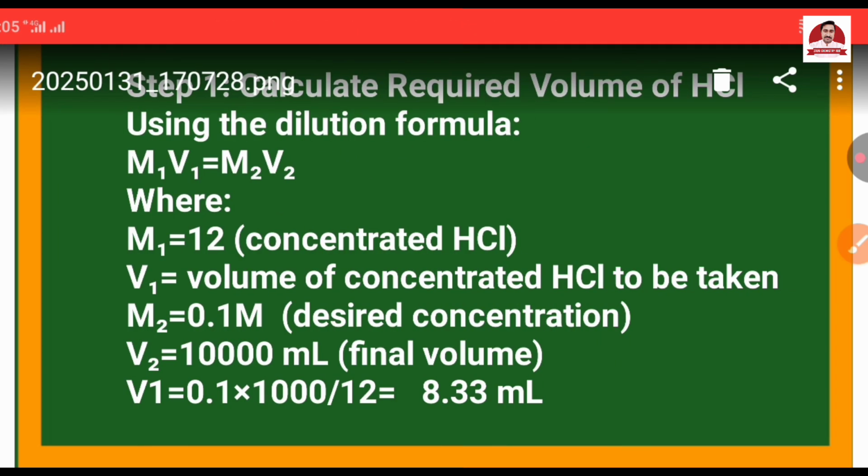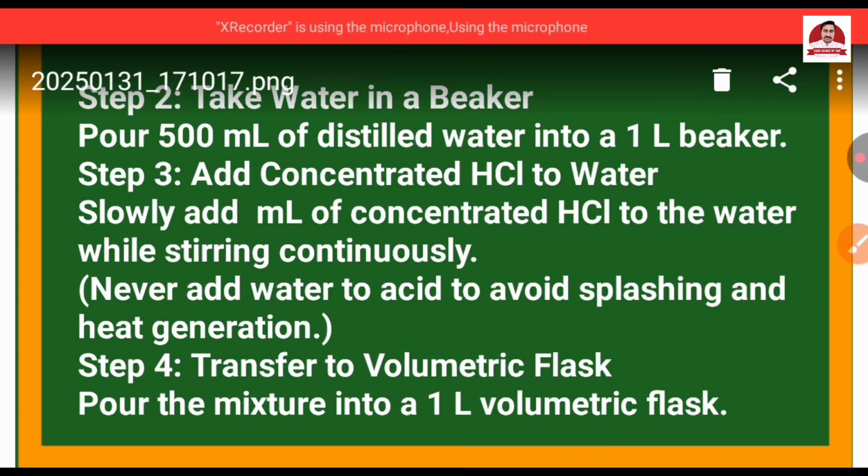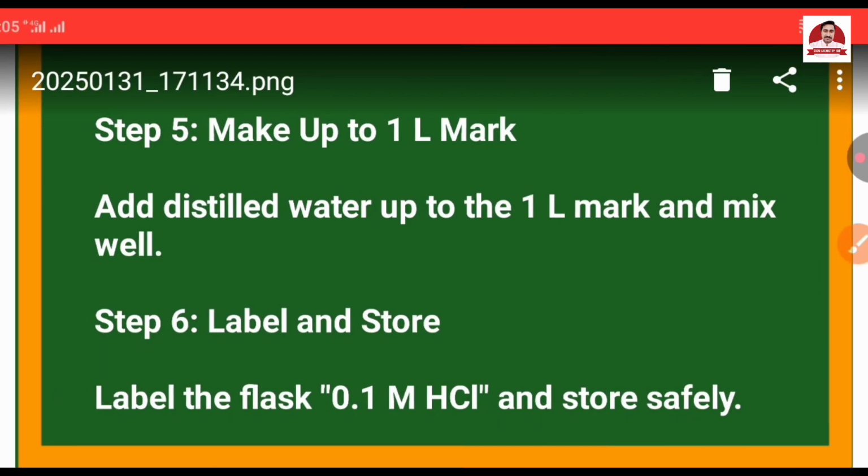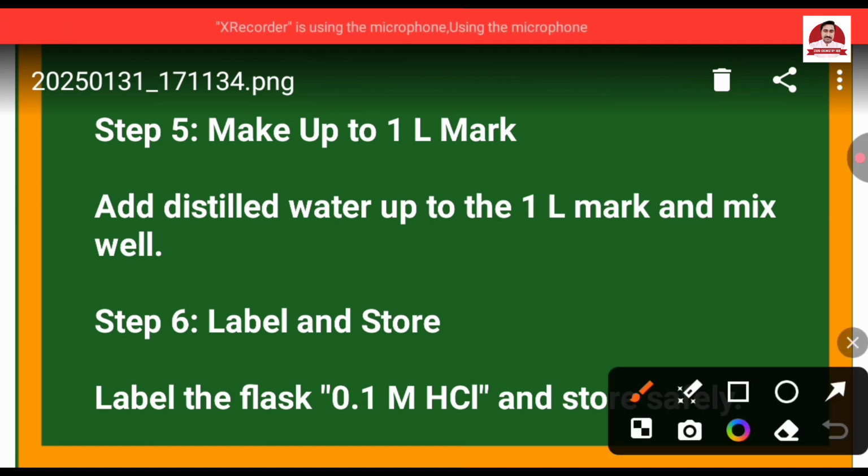And in the fifth step, we make up the volume of this volumetric flask to 1 liter.